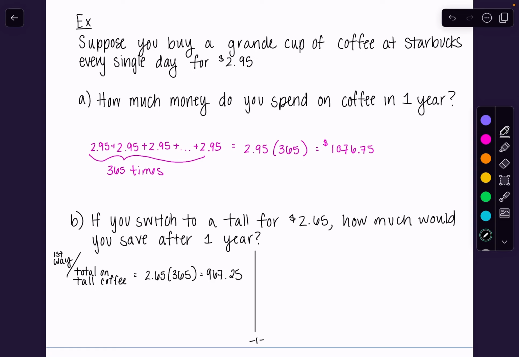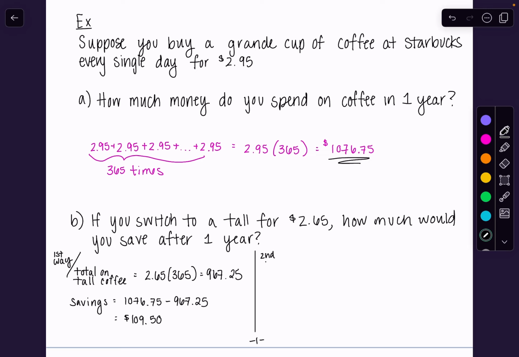Before, I was spending $1,076.75. So our savings is just going to be the difference in the two. We were spending $1,076.75. We're now spending $967.25. And when you subtract the two, you would save $109.50.